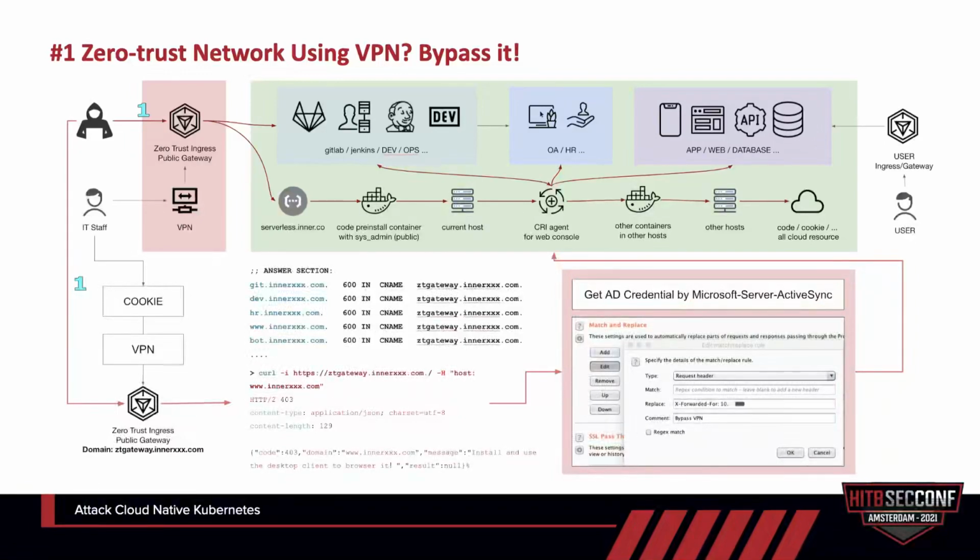About the staff identity, we got some AD credentials of the employees by brute force cracking of Microsoft Server ActiveSync, which is exposed on the public network. However, we were unable to get the private VPN client for a long time.